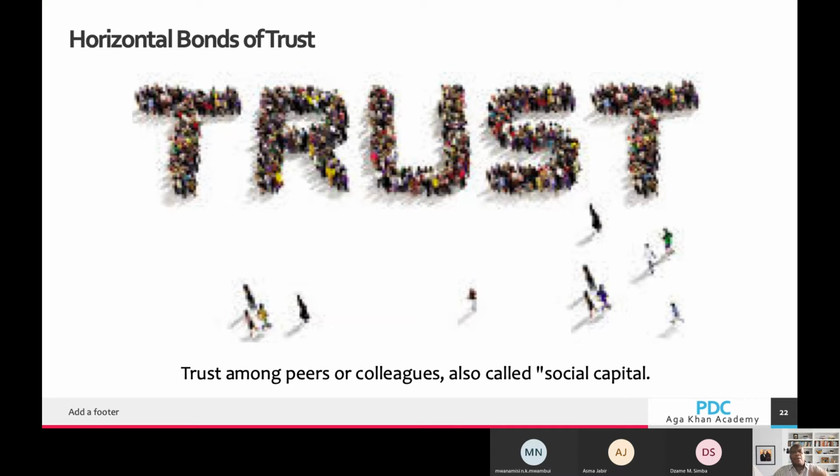Then the horizontal bonds emerge organically, because of how you meet in panel meetings, at the lunch table, in the classroom, how you have an issue and you are supported, in the school playground, during parent-teacher guardian meetings. And they happen because you see the need of the other person working with you.